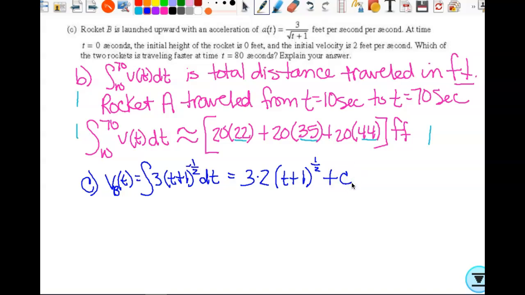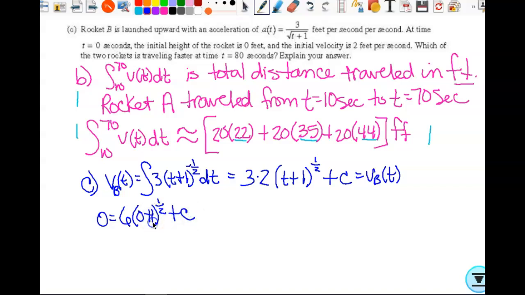Now I need to figure out what that actually is, right? So do I have an initial condition? The initial height of the rocket is 0 feet. Okay, well that's good. So that means that this equals V sub B of t. So that means that 0 is equal to 6 times 0 plus 1 to the 1/2 power plus c.